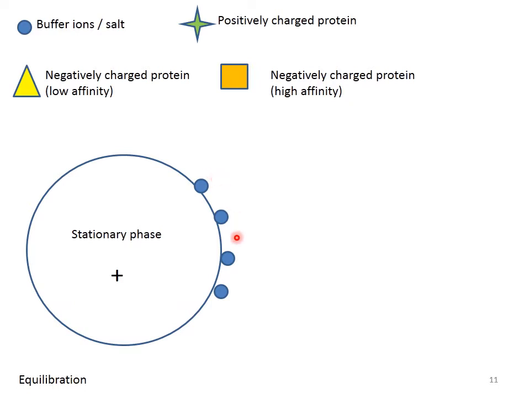The negatively charged ions in the buffer are going to interact with the stationary phase and will be bound by it. So these small blue circles here represent the buffer ions or the salt ions present in that buffer. Since the stationary phase is positive, these negative charges present in the buffer are going to interact with the stationary phase and are going to be bound here.